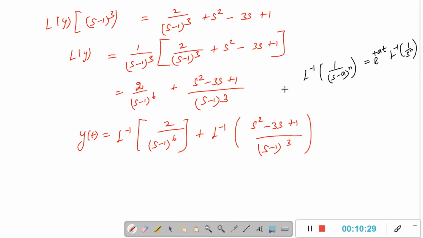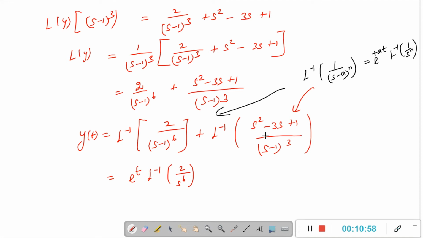By using this formula, you may get e power t L inverse of 2 by s power 6. Here, if you apply the same logic, better to write the term s as s minus 1.